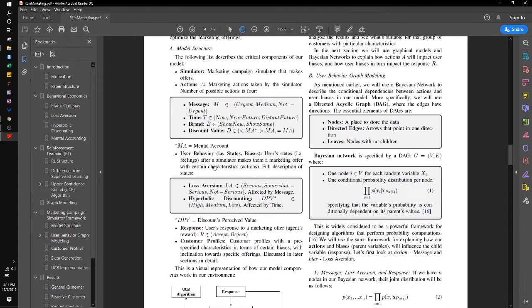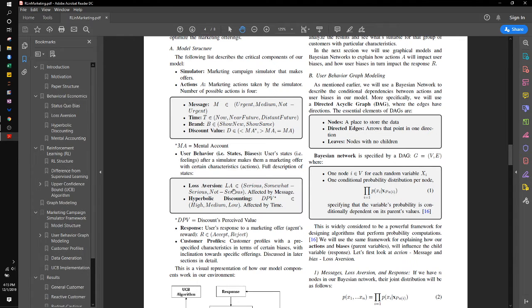Then we have user behavior, otherwise known as states or biases. After the simulator makes them a marketing offer, we code how they might potentially feel. Loss aversion and hyperbolic discounting are the two.